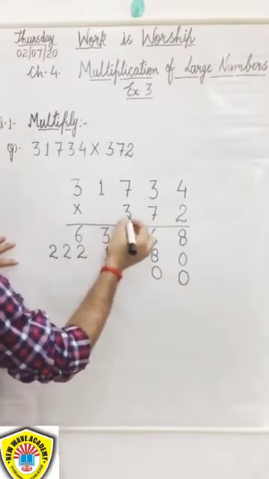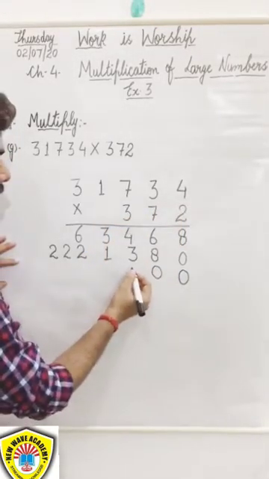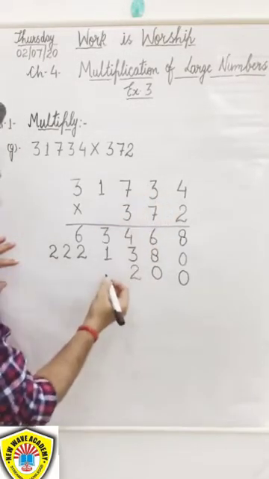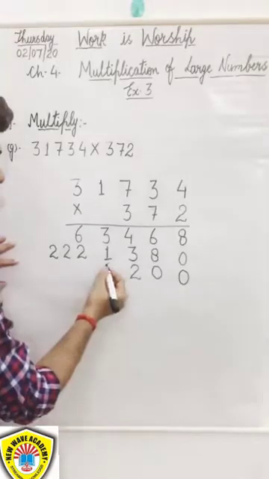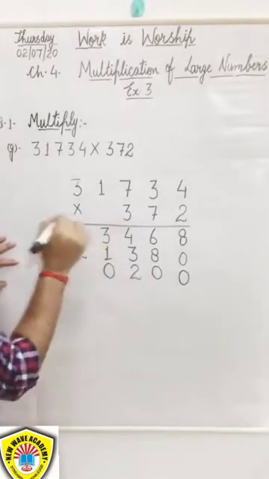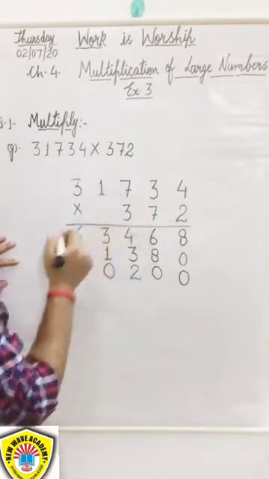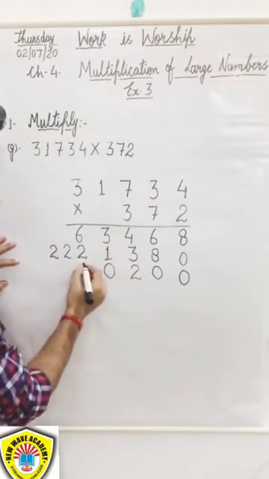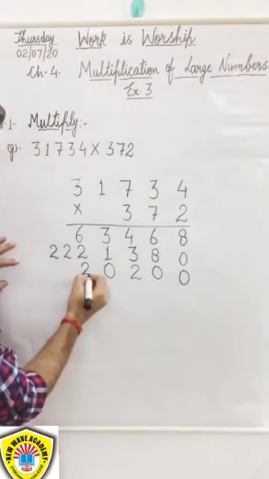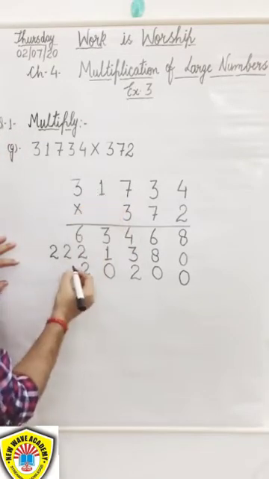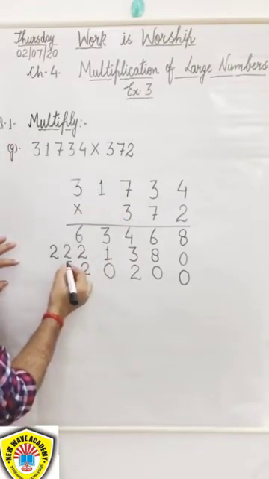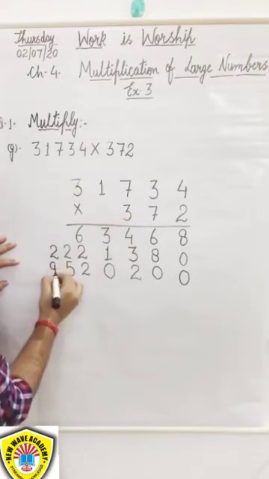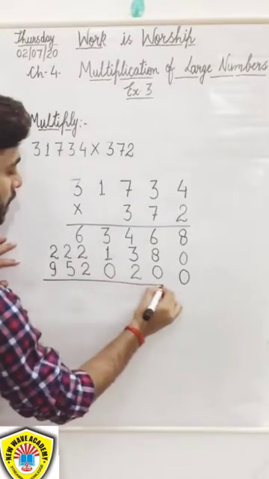Now let us start. 3 4s are 12, we will write 2, 1 carry, 3 3s are 9 plus 1 is 10, we will write 0, 1 carry to the next. 3 7s are 21 plus 1 is 22, so we will write 2, and 2 is carry. 3 1s are 3 plus 2 is 5, and 3 3s are 9.